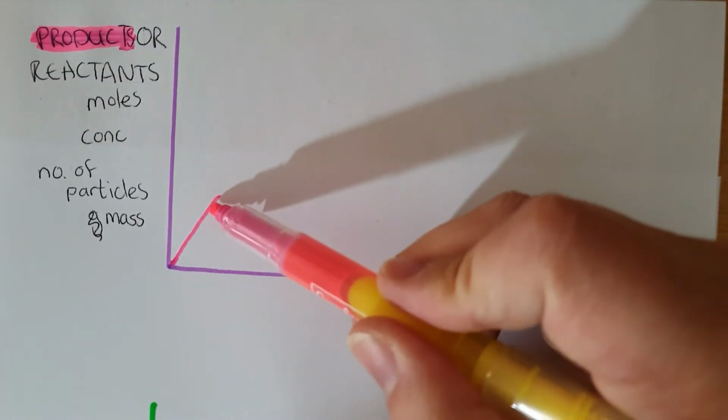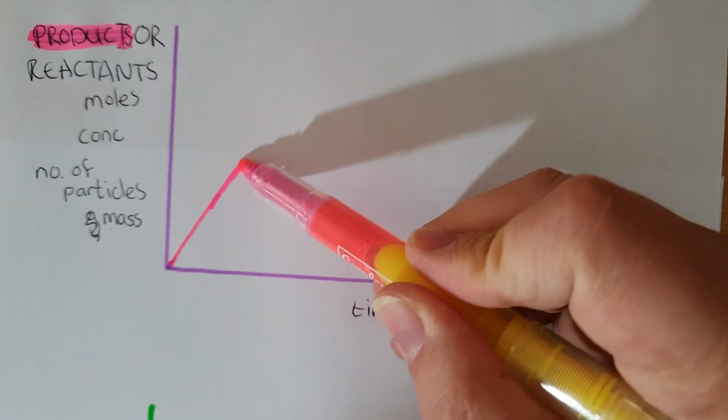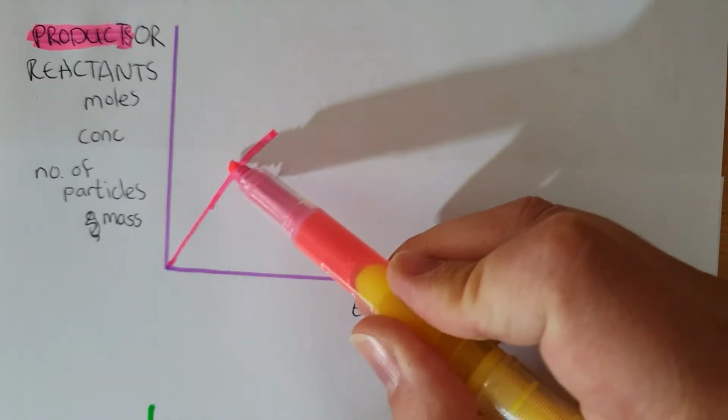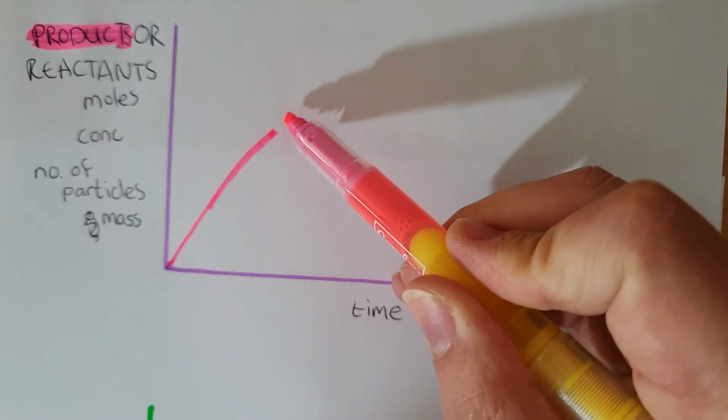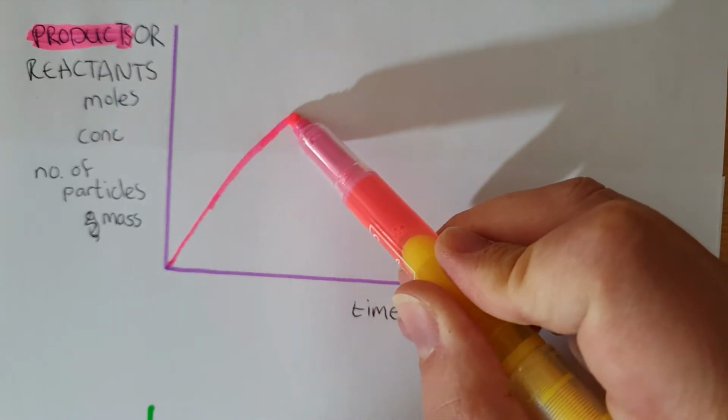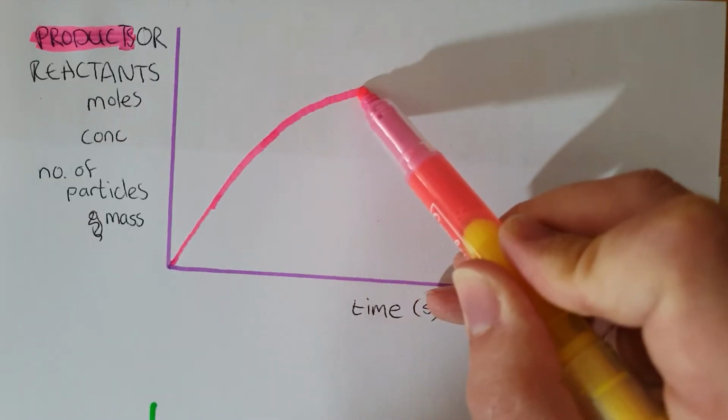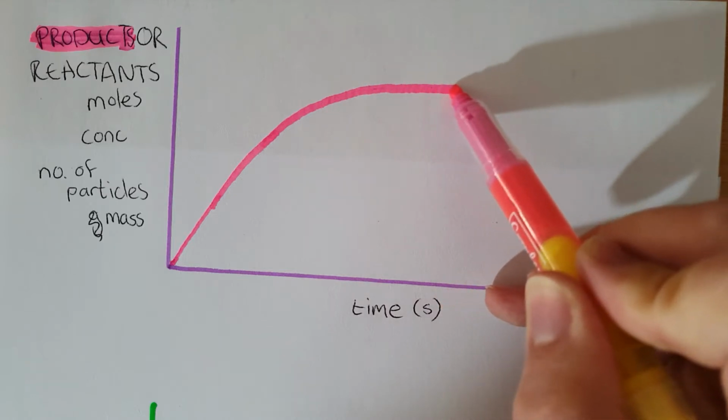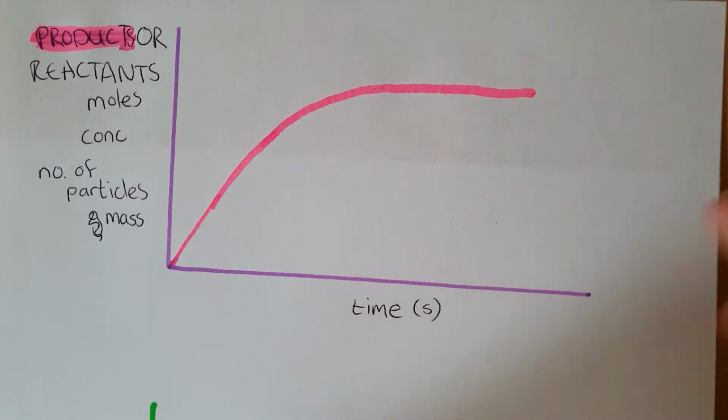Okay, so you'll see here as you go, it starts to decrease. Can you see the gradient slowly decreasing? And it can decrease, decrease, decrease until it reaches a horizontal line.